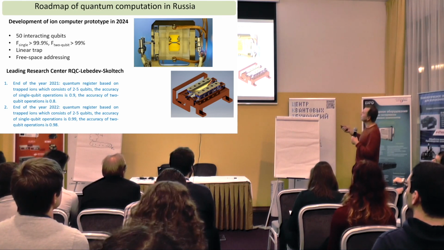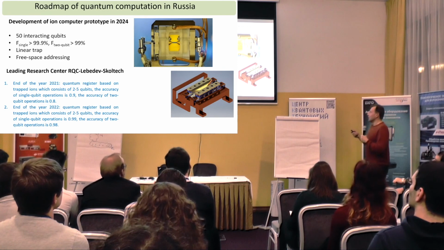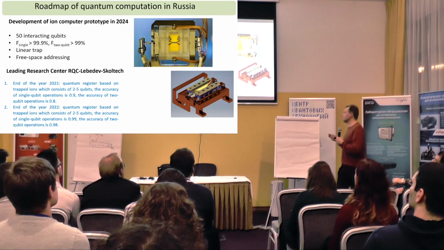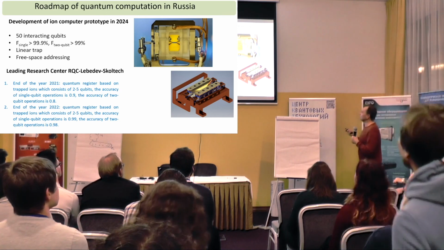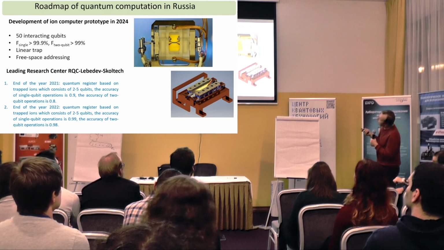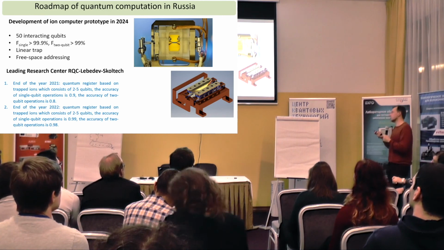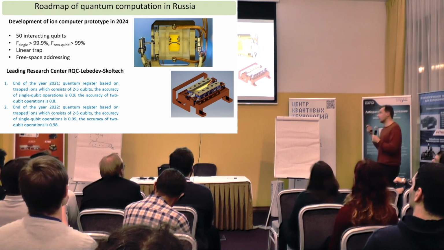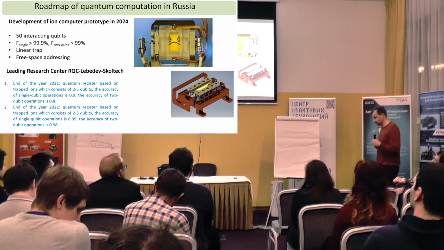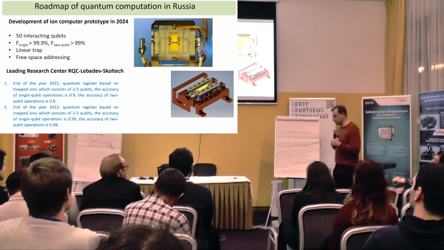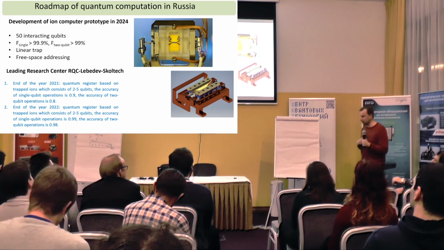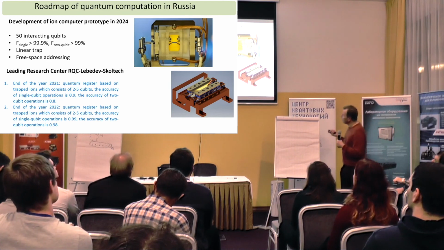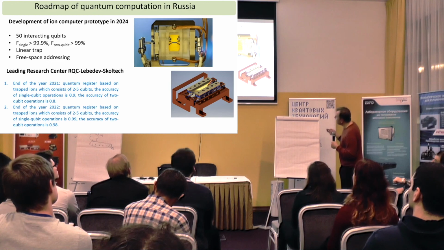The idea is to make cooperation between the Russian Quantum Center, Lebedev Institute, and Skoltech, and to build a system which in 4 years gives us like 50 interacting qubits with a level of fidelities that is promising on the one hand, but also challenging for these ions. It's not clear how it will work.